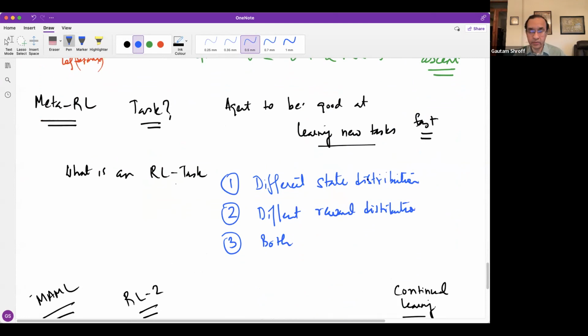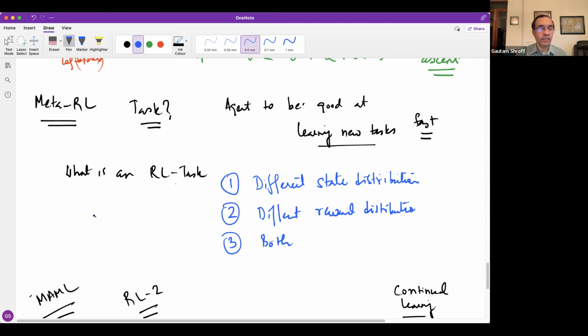For example, instead of images in a video game, there could be sketches, or it could be a totally different video game. And it could have different rewards. Each video game will have a different score, so it would be a different set of rewards, perhaps for the same video game, or it could be both of these.